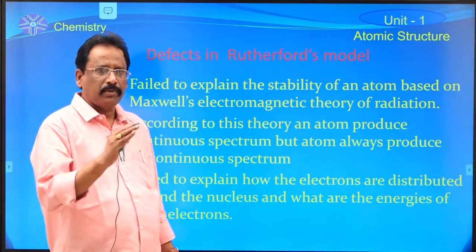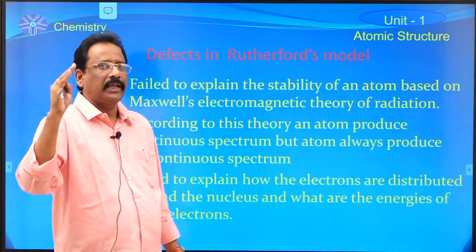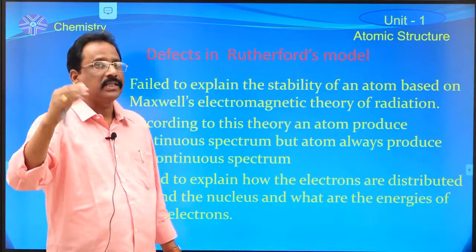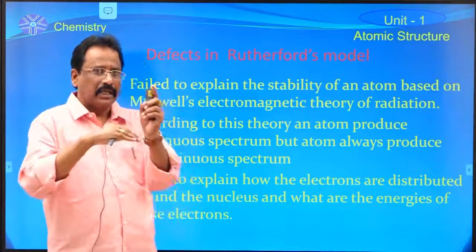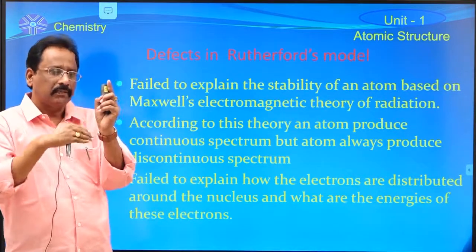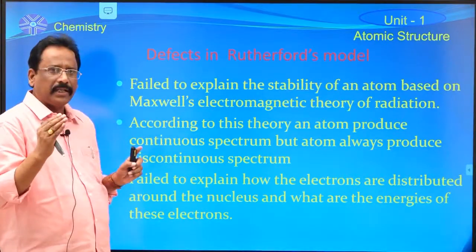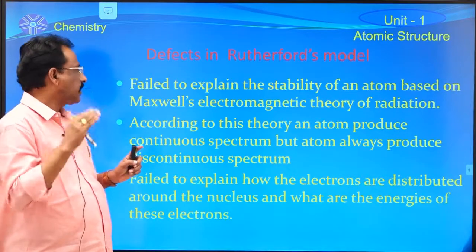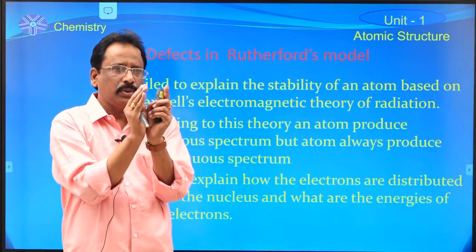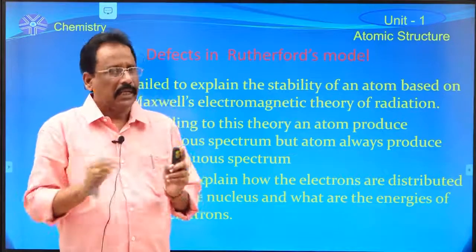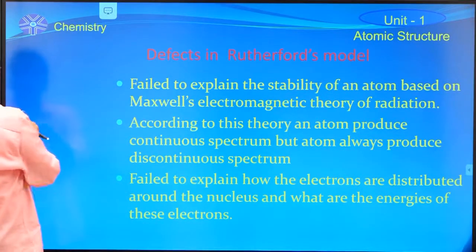But this is not applicable to the planetary model. Planets are uncharged. That's why they do not fall into the sun. But here the particles are electrons. They are revolving around the nucleus with high speed. So, according to Maxwell's electromagnetic theory of radiation, every revolving charged particle must lose some amount of energy. The electron also loses its energy continuously.